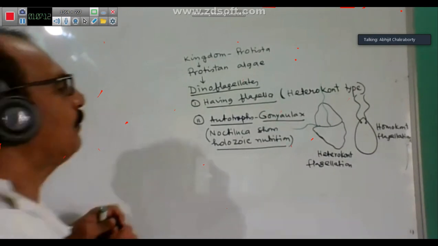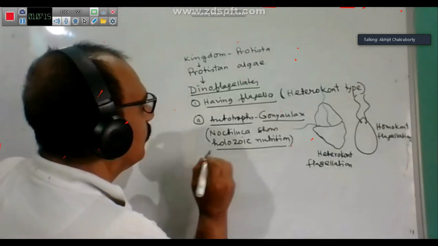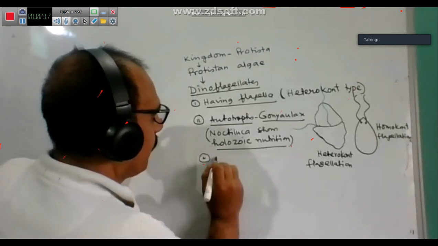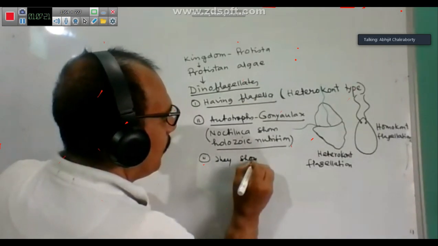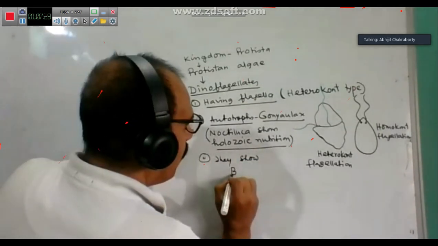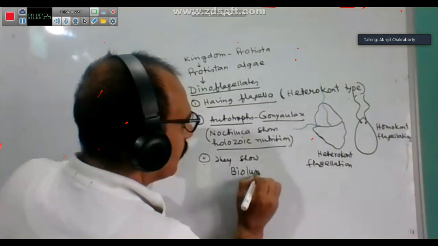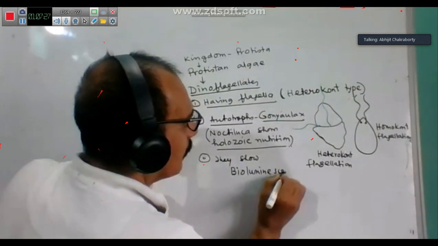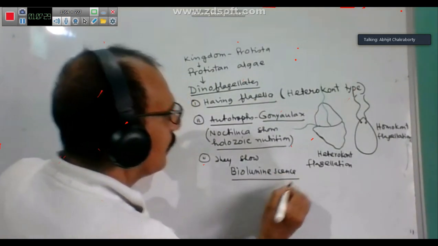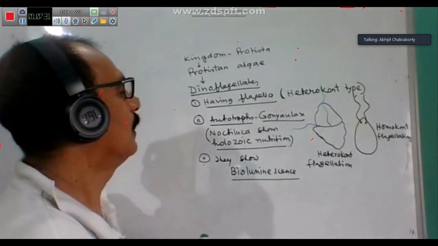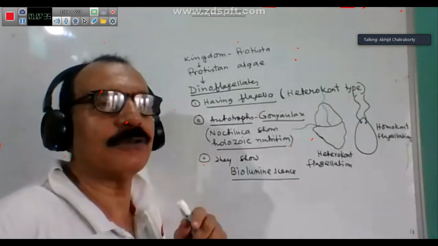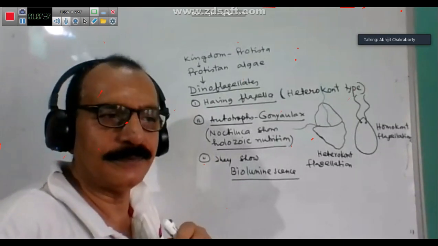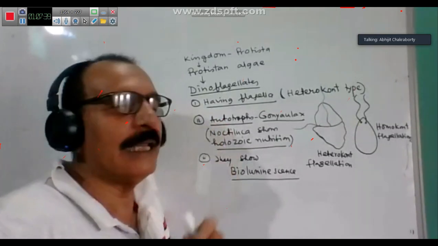Another most important property they show. Sir, generally they are autotrophs. Yes, autotrophs. But Noctiluca is the exception. You know, protistan algae are mostly autotrophs.